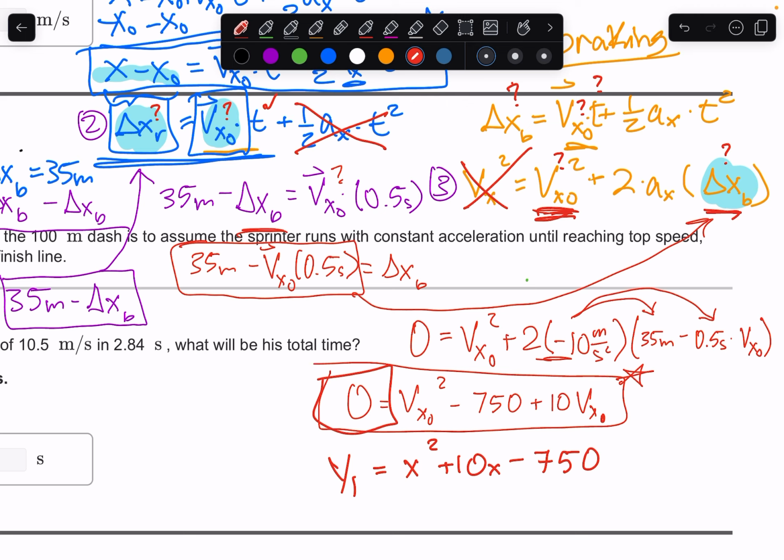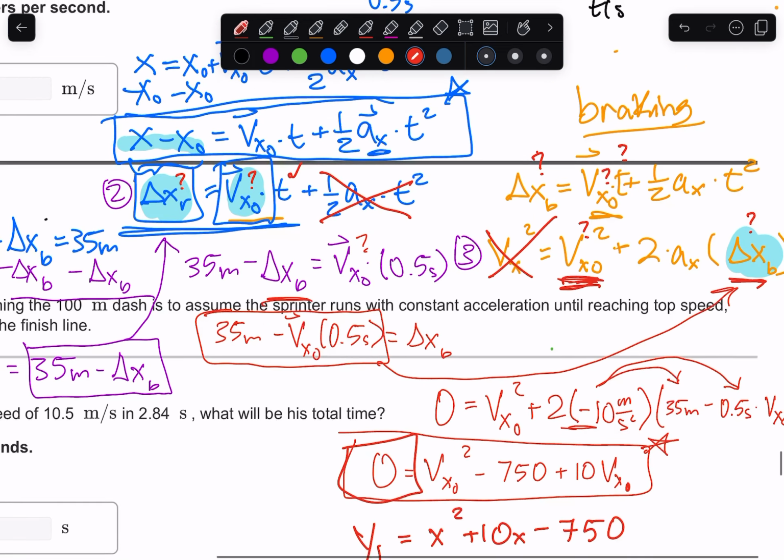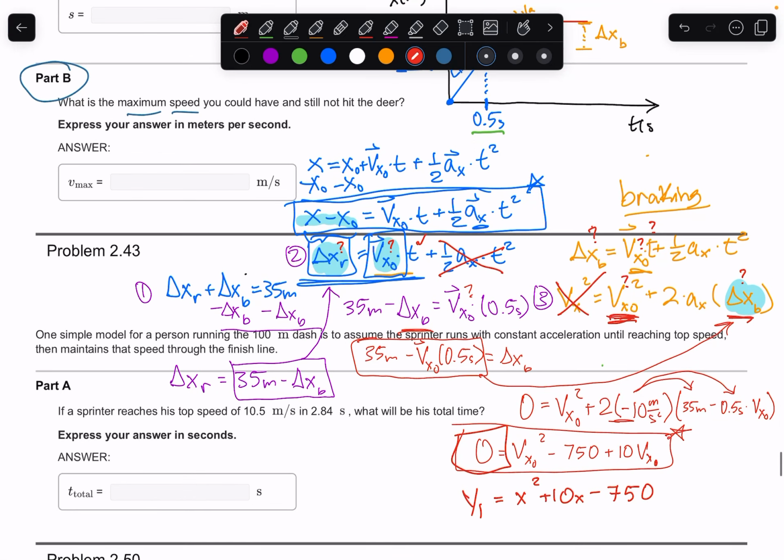So I know that's a lot of math, but the important thing is that we try a kinematic, hit a snag, and then try a different kinematic. That's the main goal for this type of problem, is to get you used to getting stuck with one kinematic and then being able to pivot to another.